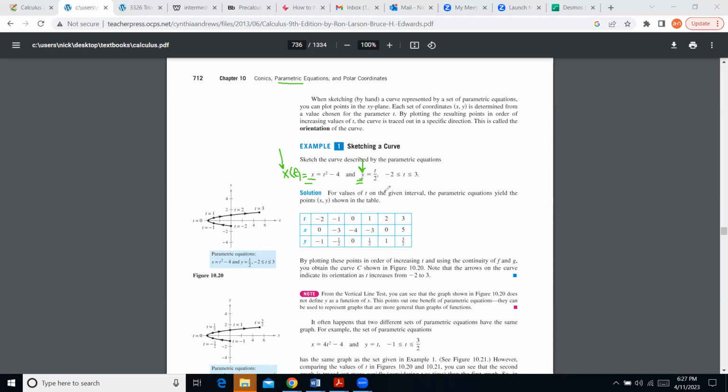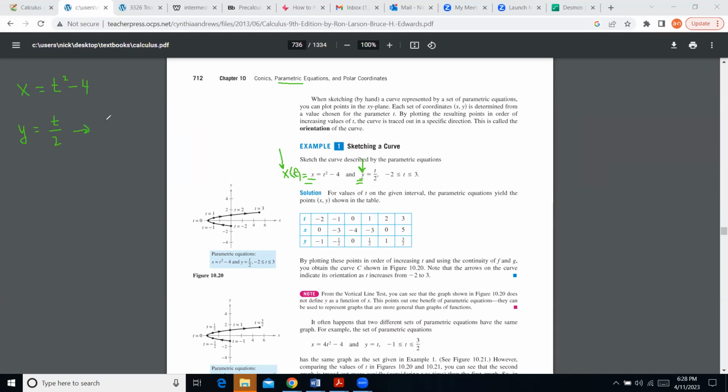So section 10.2 introduces us to parameterization that could be done various ways. It is up to you how you parameterize those functions. So if in example 1, they gave me x, which is t squared minus 4, and y equals t over 2, then what I can do is pull out t here.